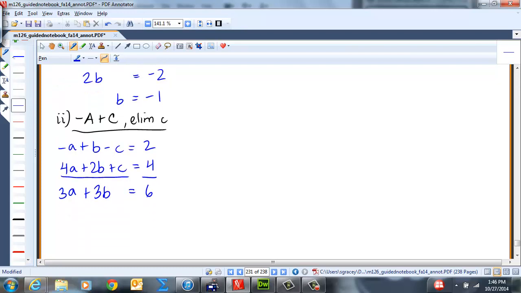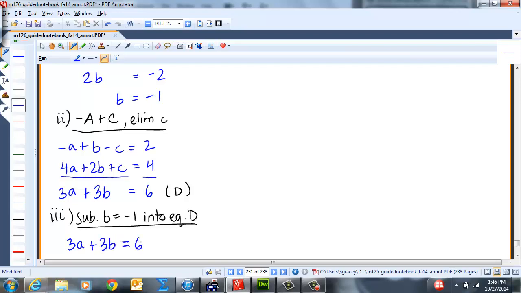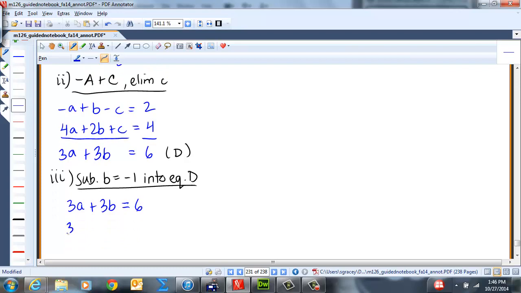But we know what b is, right? So we're going to substitute b equals negative 1 into this new equation D that we formed, and we'll be able to solve for a. So 3a plus 3b is 6. Plugging in negative 1 for b, we'll have 3a plus 3 times negative 1 is 6.